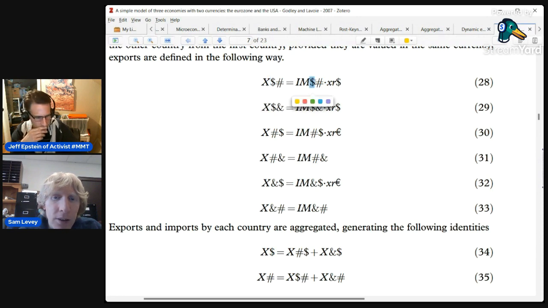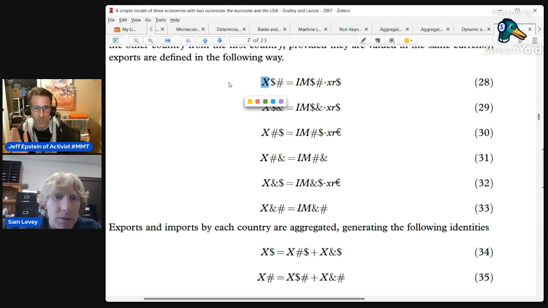Both the symbols track the materials. So think of it as the physical goods. If you see $hashtag, that means the physical goods moved from hashtag to the $. And when the US is thinking about that, because they moved into the US, it's an import. But if the hashtag country is thinking about goods that move from their country to the US, for them it's an export.